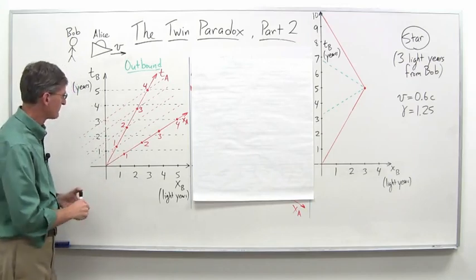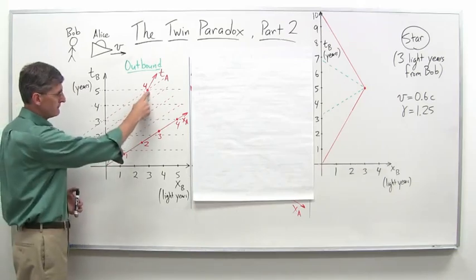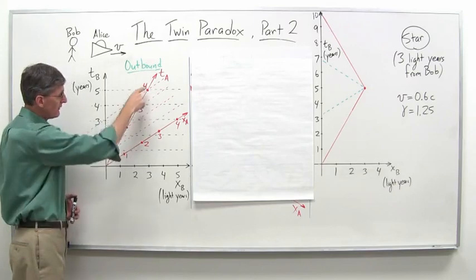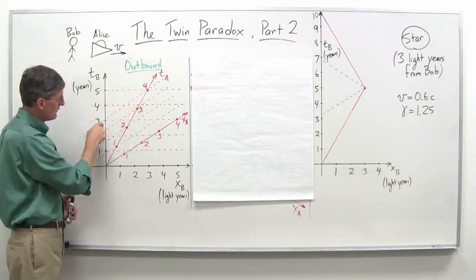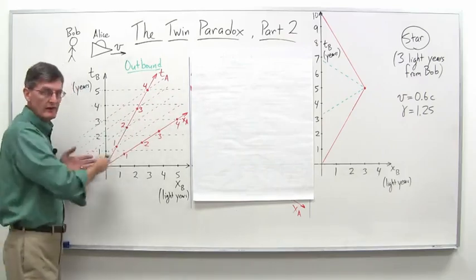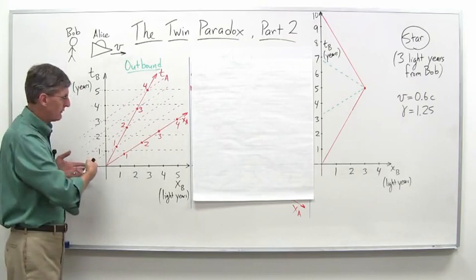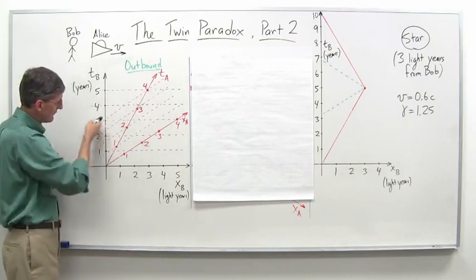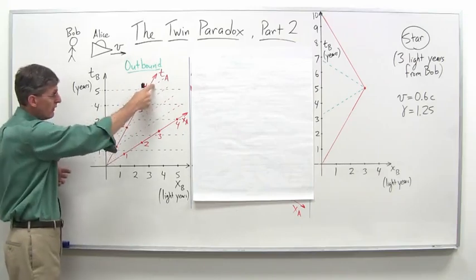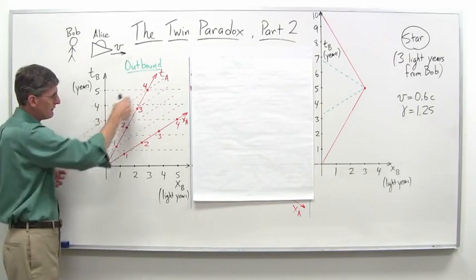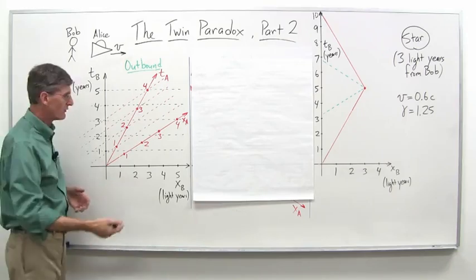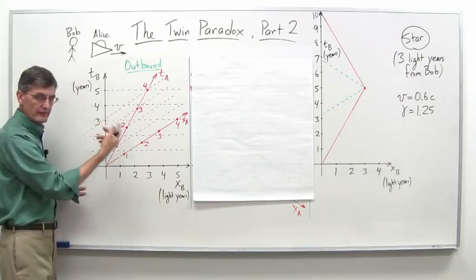So for example, if we just pick out when Alice's clock is at 4 here on her time axis, the line of simultaneity, if she had her lattice of clocks, remember really the lines of simultaneity represent the lattice of clocks in each frame of reference. And so she has her lattice of clocks here all synchronized. And so when this clock here is at 4, all these clocks for her read 4. It's a line, that's the definition of a line of simultaneity, of course. A line of same time.